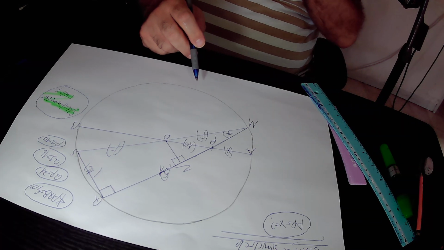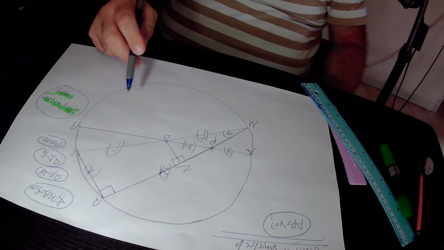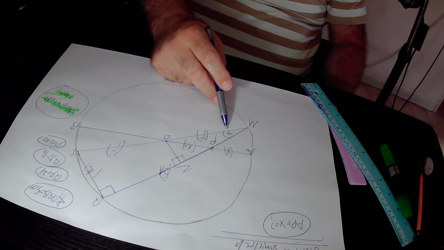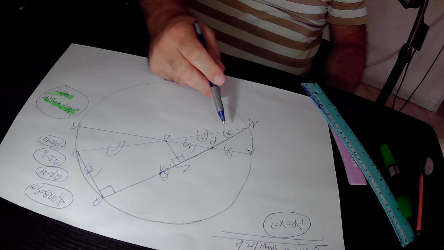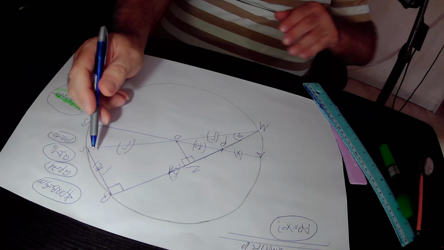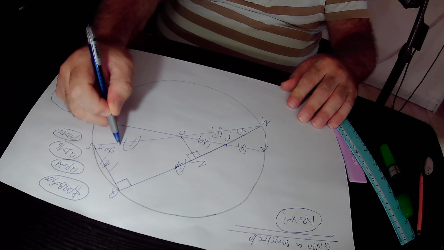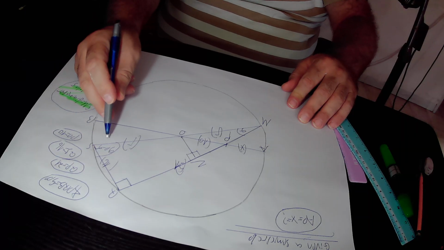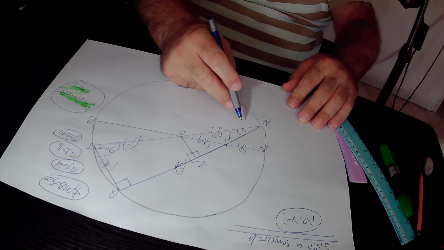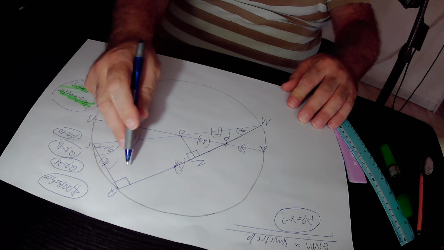Okay, so if we focus on the big right triangle QMS, this is angle alpha. This angle equals 90 degrees in its size, and therefore this third missing angle must be equal to 90 degrees minus alpha. Why? Because 90 degrees minus alpha plus alpha is 90 degrees, and 90 degrees plus 90 degrees is equal to 180 degrees. That is the sum of the angles in any triangle.